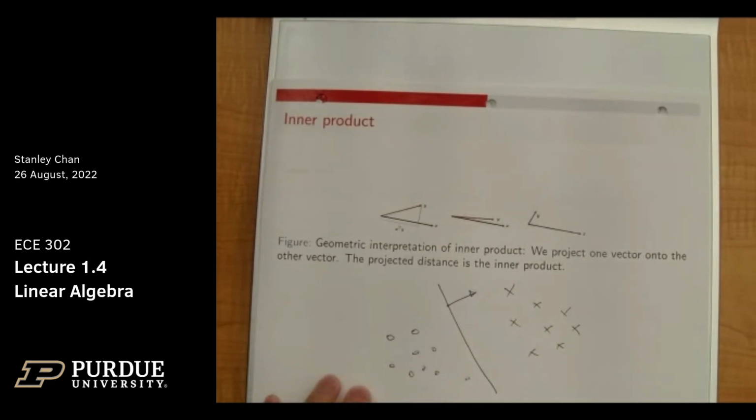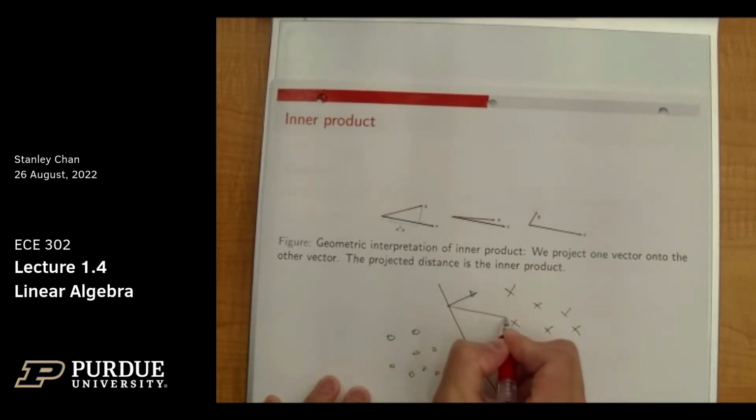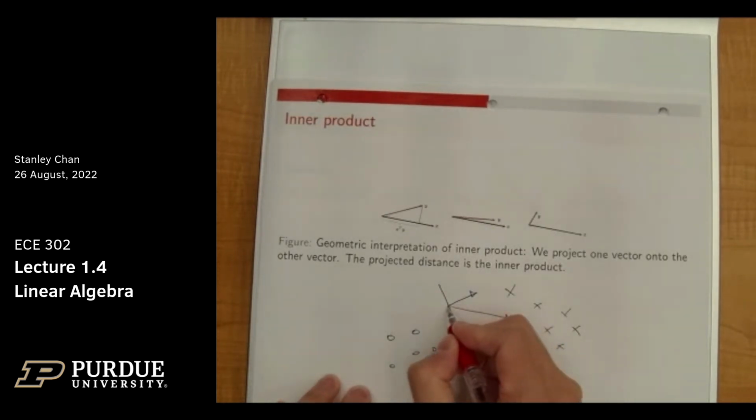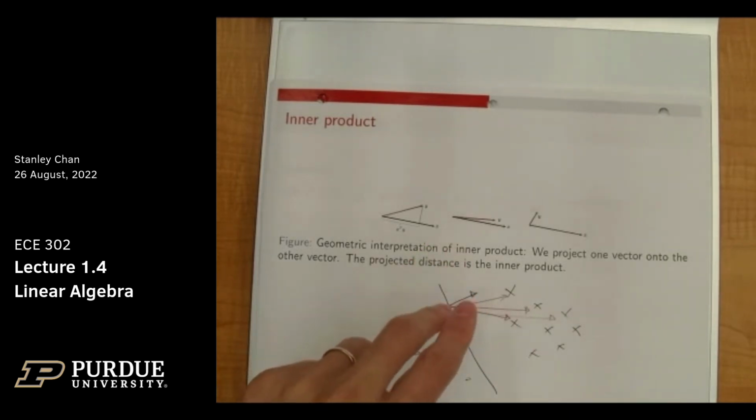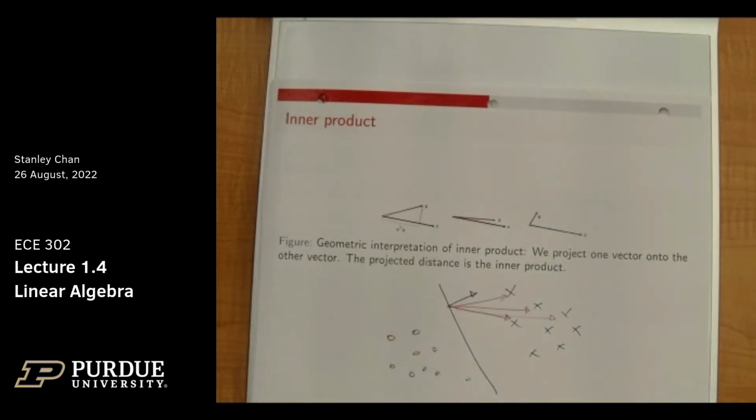I can do this thing called the inner product of all the points. I can just do this pairwise inner product for every single point and check their inner product value. If my decision boundary is correct, everything on the right-hand side has to be positive, and everything on the left-hand side has to be negative.